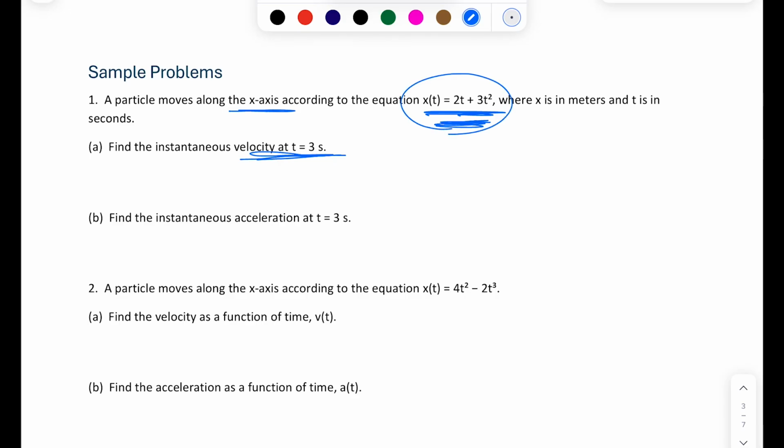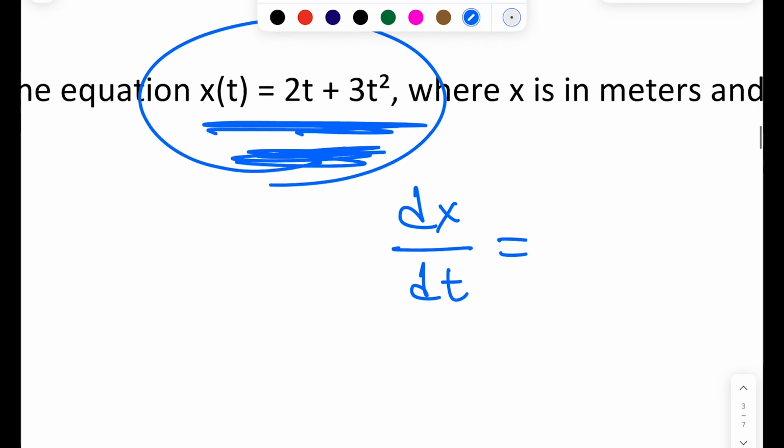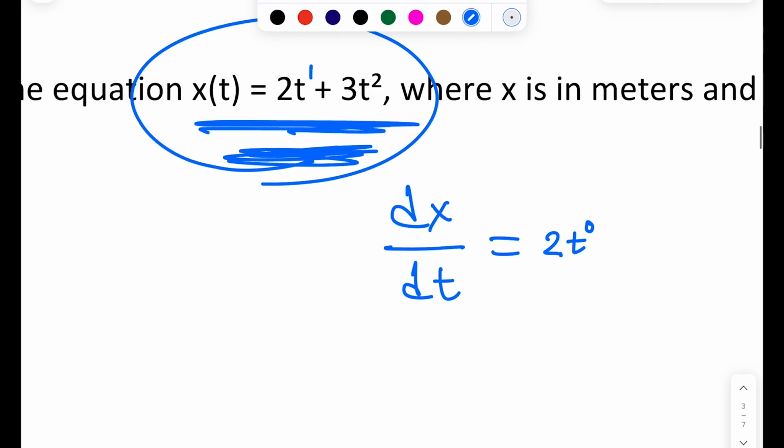I've got position, so what I can do is say dx dt. I'm going to find the derivative of this, which would just be, now if you look at the 2, that's 2t to the first, so that'll just be 2. Does that make sense? Then times t to the 0, I'll write that, but t to the 0 is 1, right?